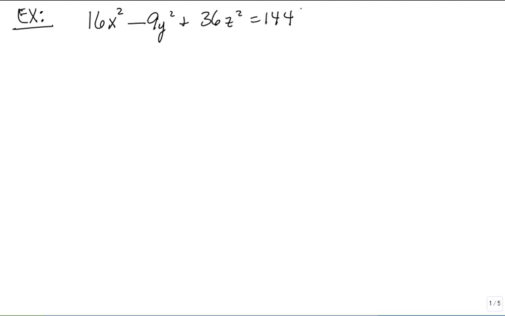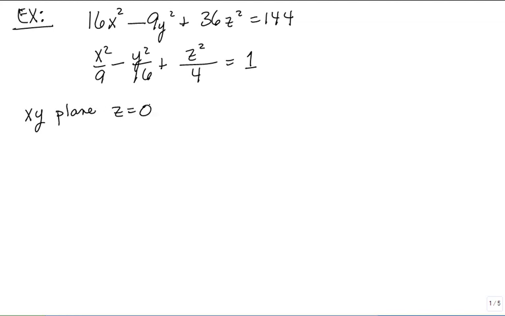Okay, we're going to sketch this one. We're going to divide everything by 144. So in the xy plane, z is 0. So we get x squared over 9 minus y squared over 16 equals 1.